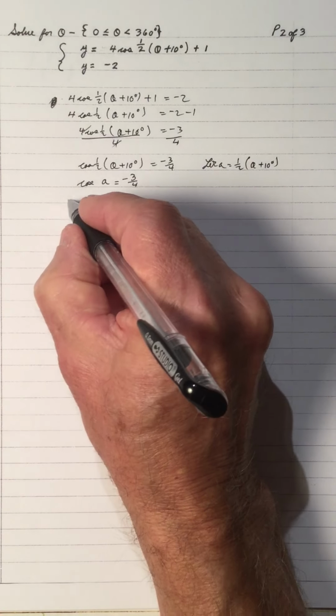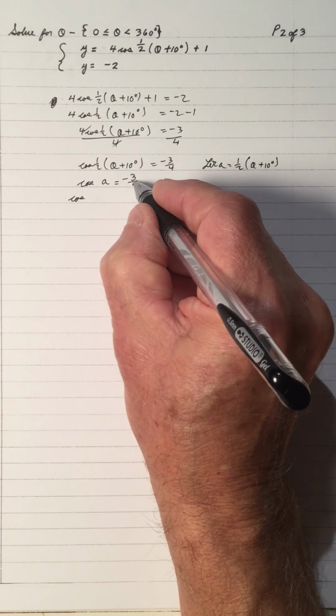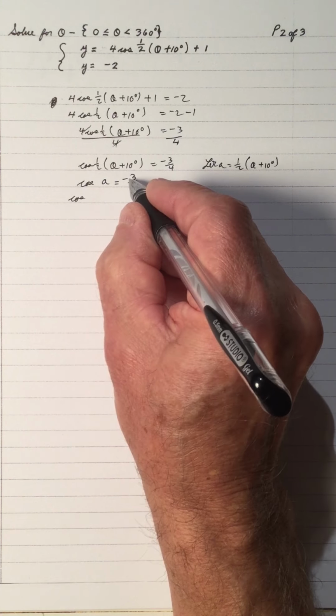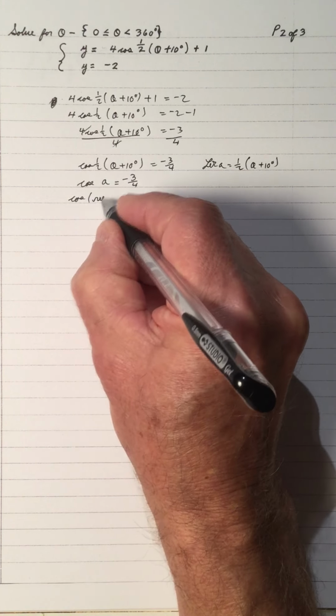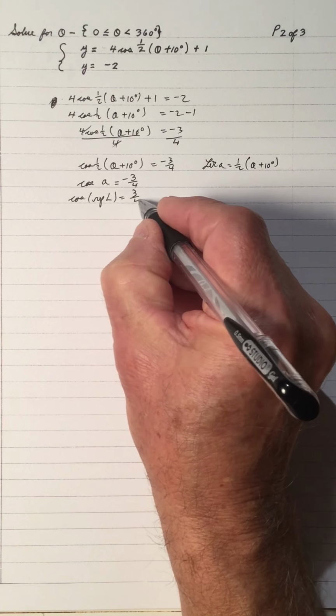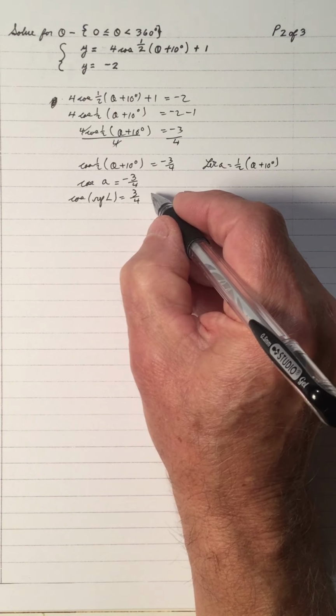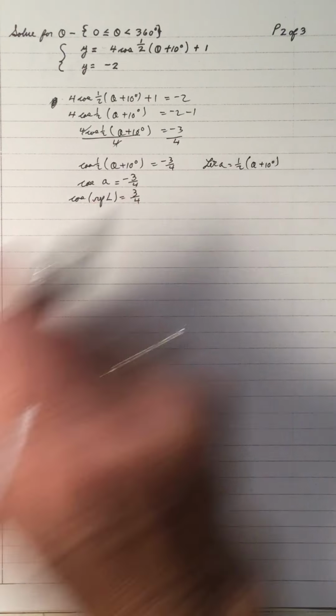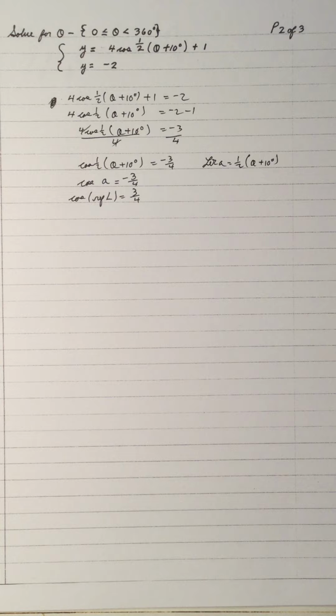We have a negative number, so we use the calculator, or we look at the reference angle. We have to use a positive fraction because the reference angle is always in quadrant 1, which is always positive.